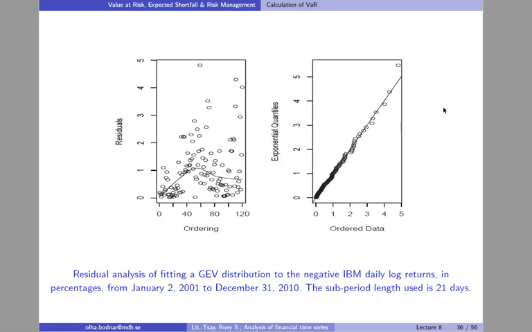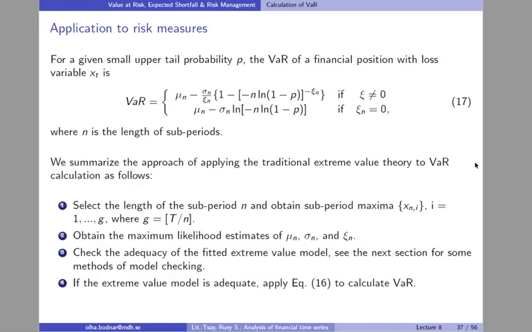Okay, so these are residual analyses of fitting the GEV distribution to the negative IBM daily log returns in percentages. Here the subperiod used is 21 days. So this looks a bit chaotic before you order it, right? And then when ordered it becomes much nicer.